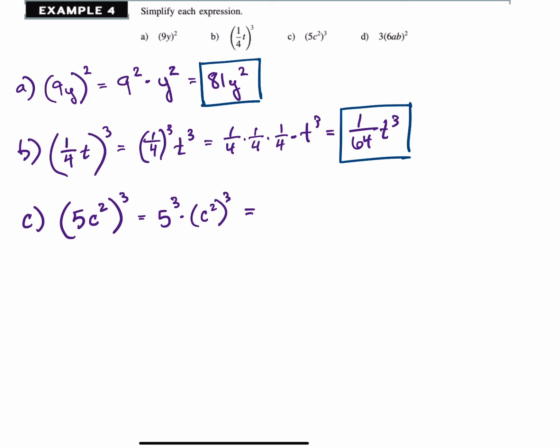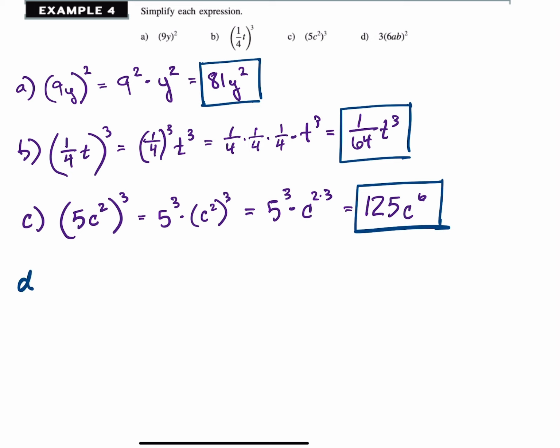So those will multiply. This will be 5 cubed times c to the 2 times 3 power. So 5 cubed is 125. And then we'll have c to the 6th power. So 125 c to the 6th.